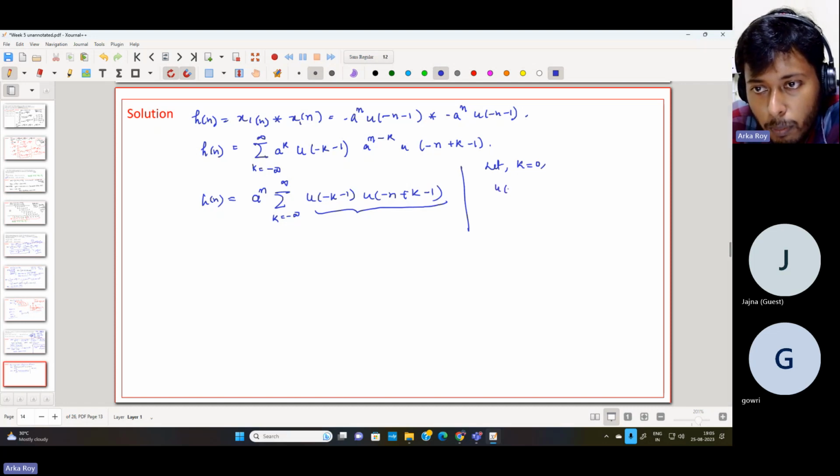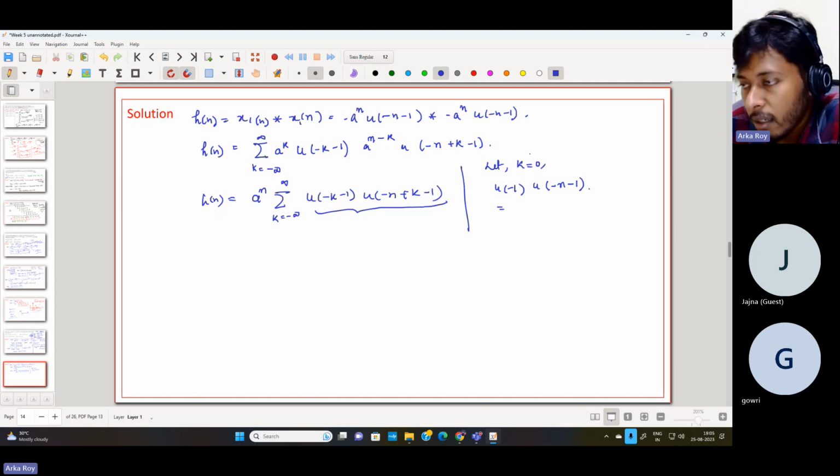So u of minus 1 followed by u of minus n minus 1. u of minus 1 is basically 0 from the definition of the unit step signal. So for n less than 0, we get no signal component over here. So the output will be u of minus 1 equals 0, and this is multiplied with this term. So effectively the output is 0.